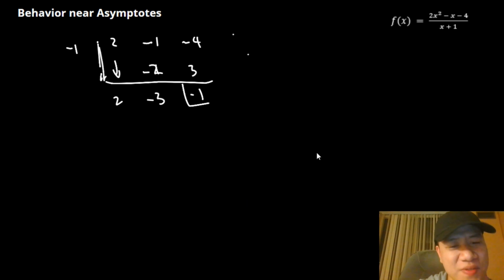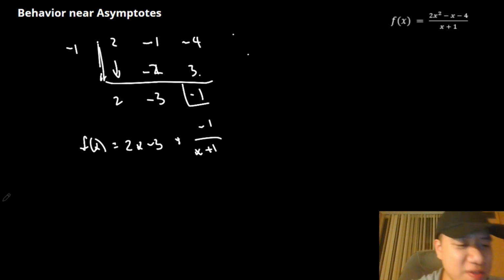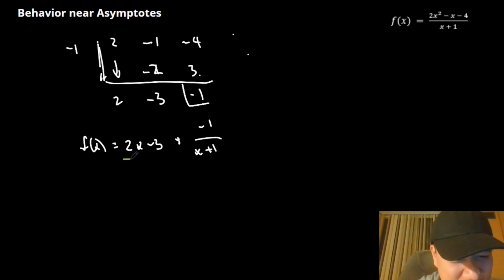So it's the quotient plus the remainder over the denominator, which is x plus 1. We're going to write our function like this: 2x minus 3 plus -1 over x plus 1. So from what we know about OAs, this is going to be our oblique asymptote, 2x minus 3.